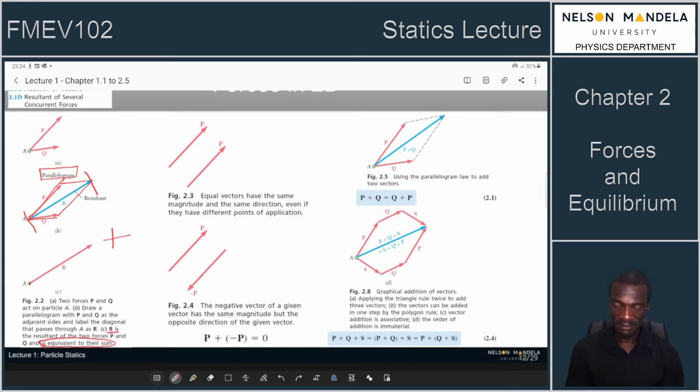The second principle on vectors is that vectors are directional. So when you have two vectors that are acting on an object, if these vectors are pointing in different directions or are anti-parallel, these vectors actually sum up to 0, even though their magnitudes are the same. So this equation is basically defining what is called a negative vector.